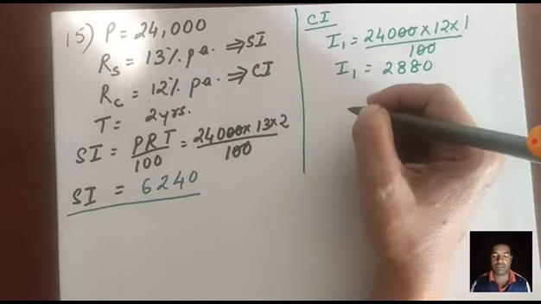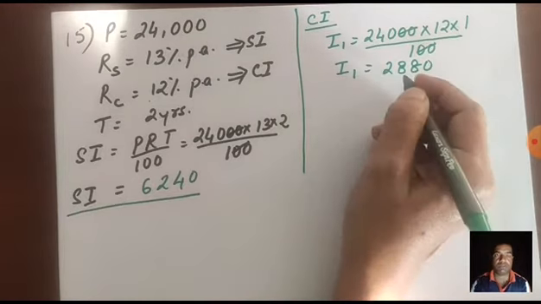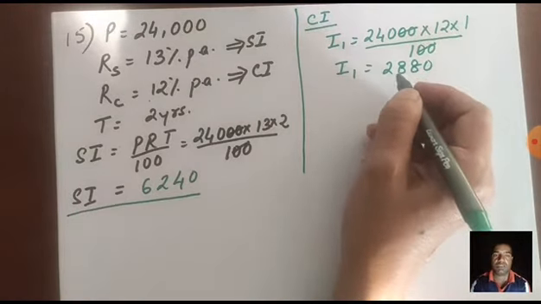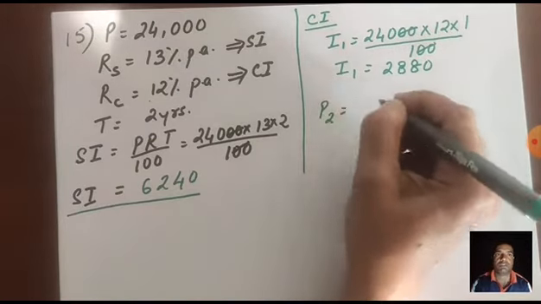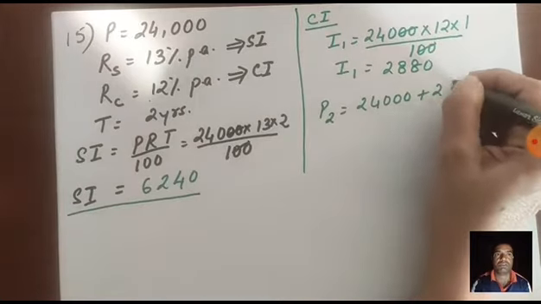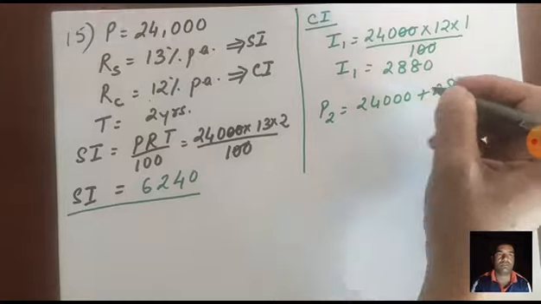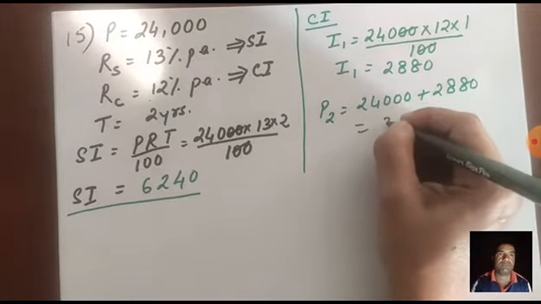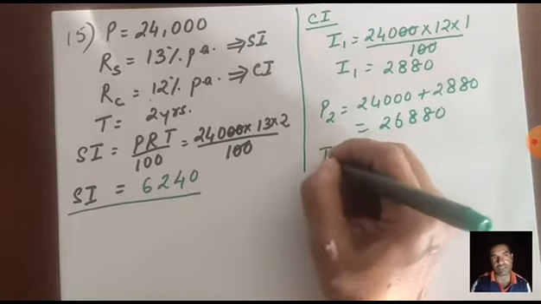Now amount after the end of the first year, which is the principal for the next year. Okay, so 24,000 plus 2880, which will be the 26,880. This is the principal for the second year.